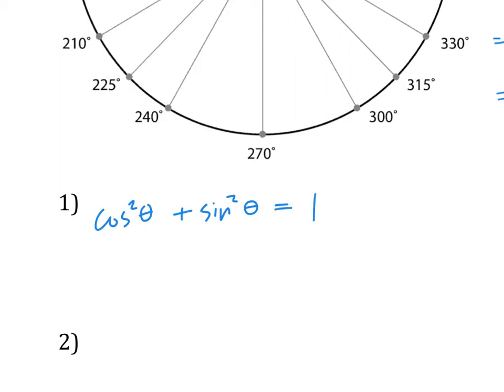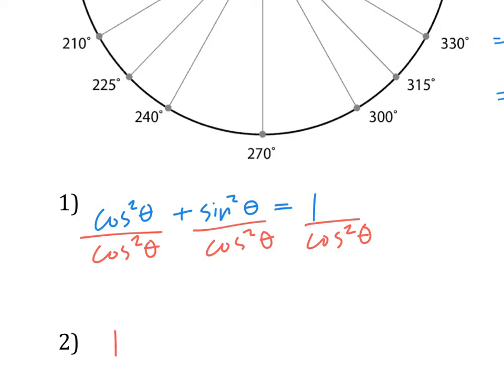Second one, we're going to manipulate this basic theorem to get our other two. The first thing I'm going to do is divide everything by cosine squared. Let's think about this. Cosine squared divided by cosine squared is what? 1. Sine squared divided by cosine squared is a little bit tricky.